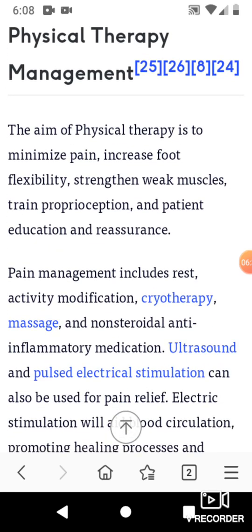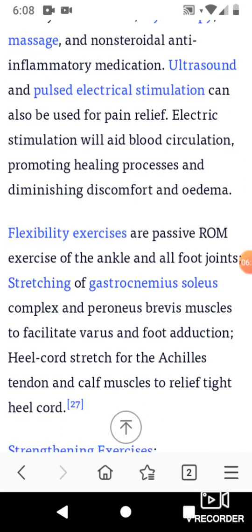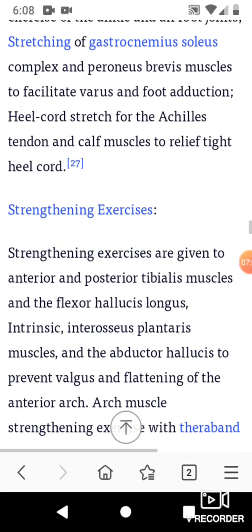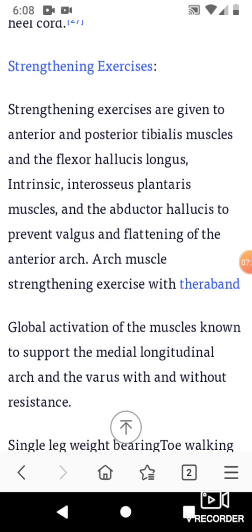In physical therapy, we can go for pain management, that is rest, activity modification, cryotherapy, massage, ultrasound, and flexibility exercises, stretching of the gastrocnemius-soleus complex and peroneus muscles, and also strengthening exercises of flexor hallucis longus, intrinsic plantar muscles and abductor hallucis longus.